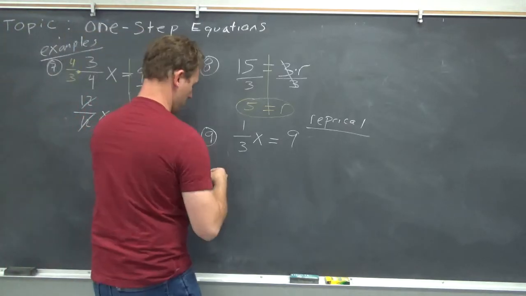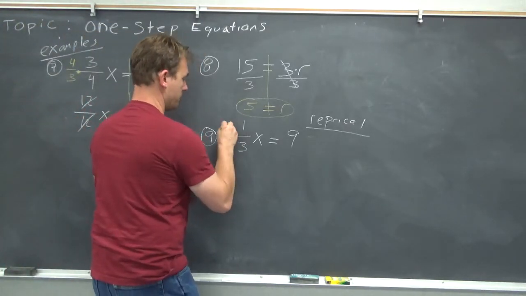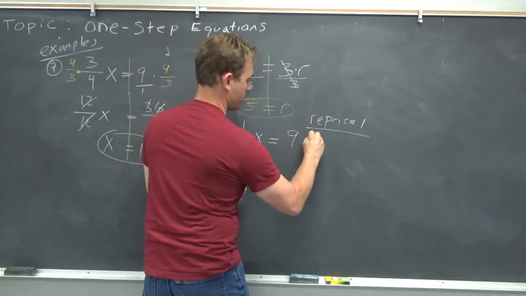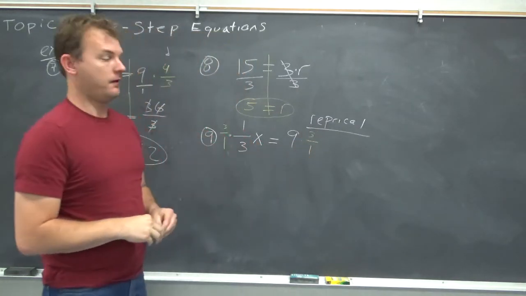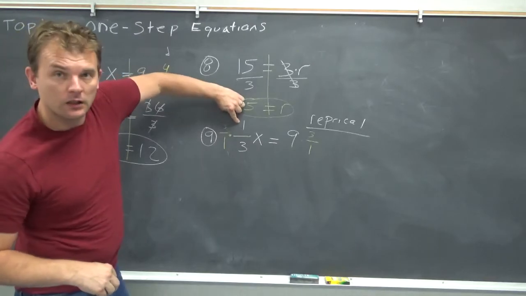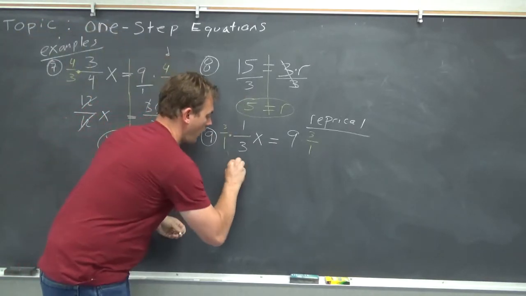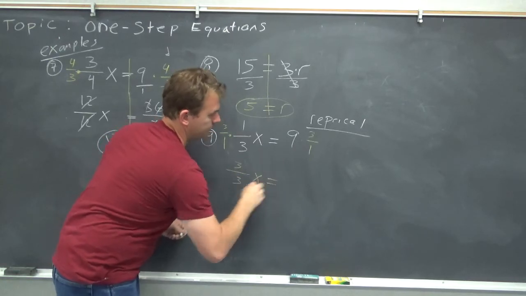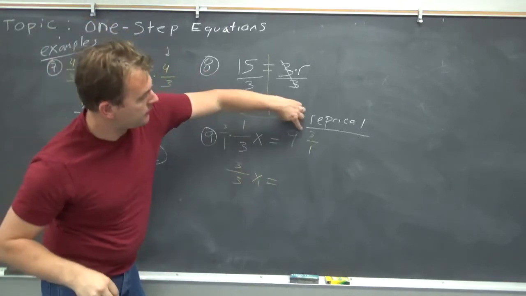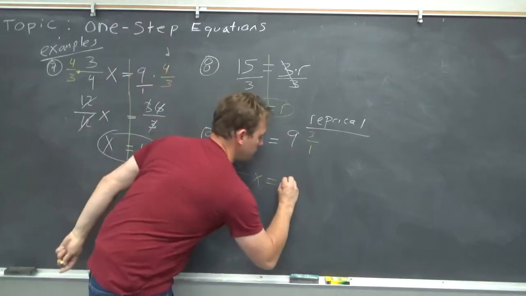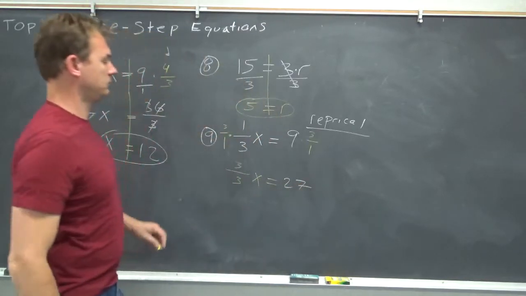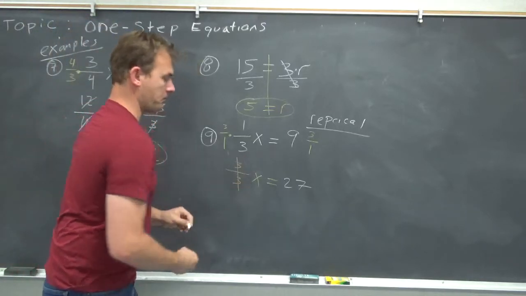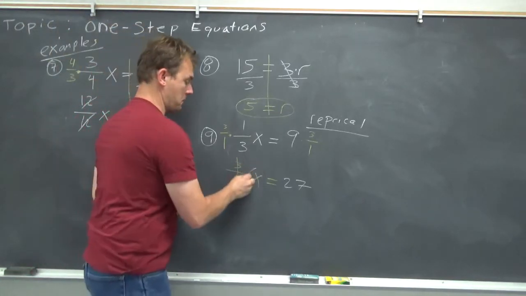So we go times 3 over 1, times 3 over 1. 3 times 1, 1 times 3, 9 times 3. What happens now with this? So your answer is what?